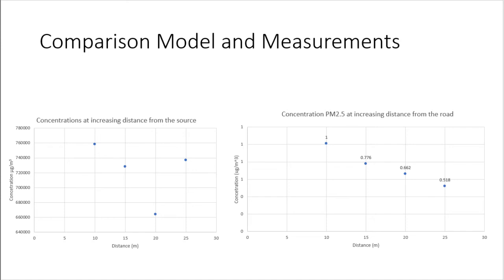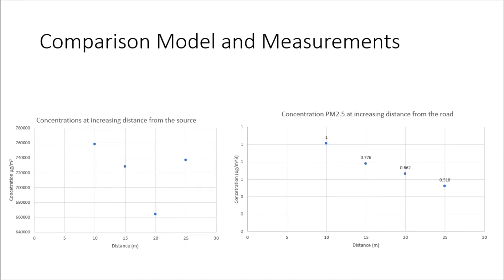So how do we explain that the modeled graph is linear, while the measured graph is not? Well, this effect is caused by the shelter belt. The shelter belt decreases, or at least affects, the wind speed behind it. This wind speed, again, has an effect on the concentration.